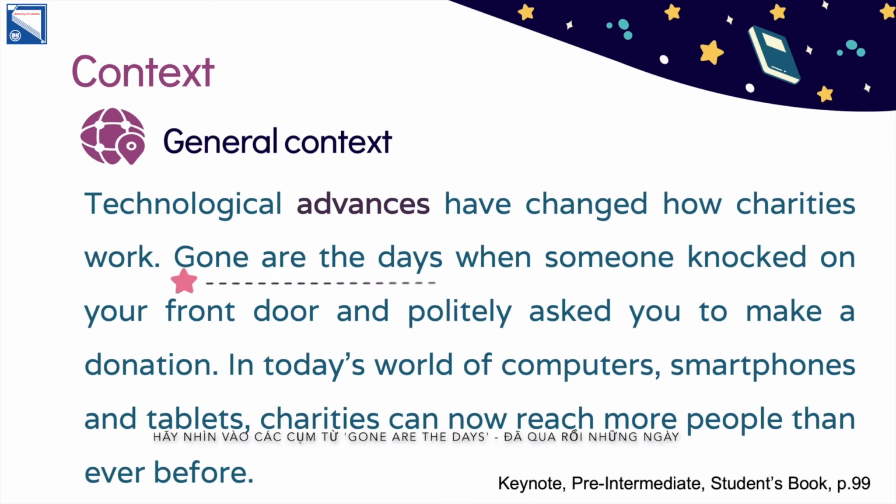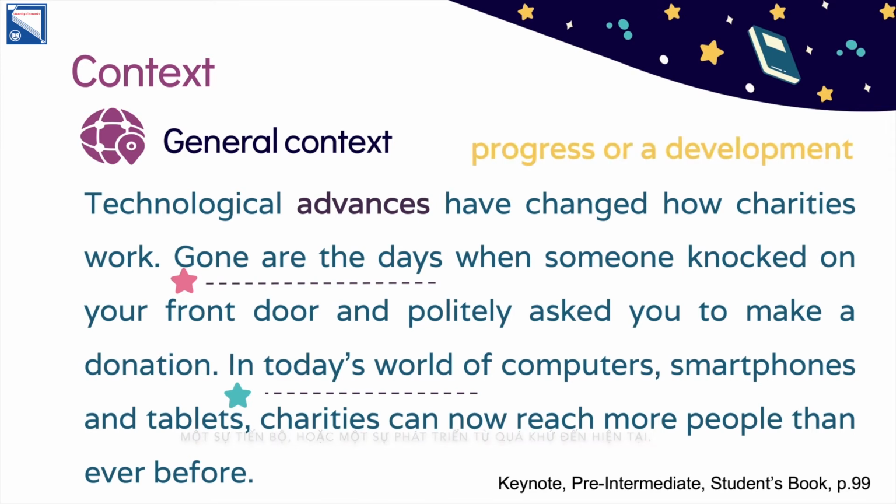Look at the phrases, gone are the days, and in today's world. From these, you may guess that the author is talking about a change, a progress, or a development from the past to the present. Here we are. The general meaning of the word advances is technological development from the past to the present.